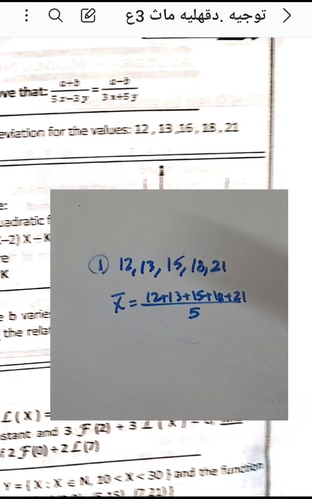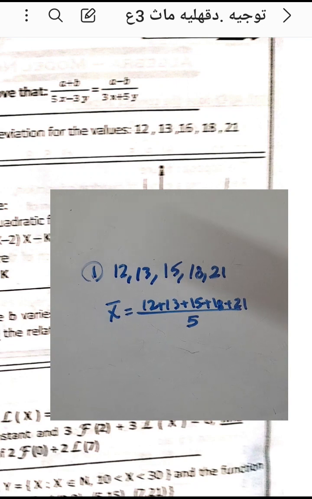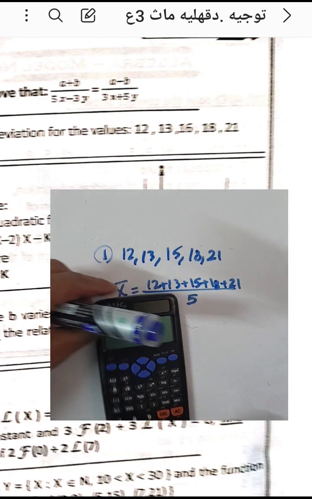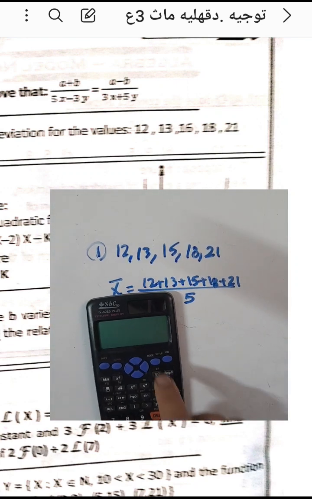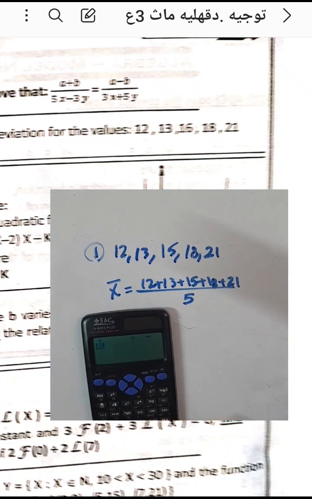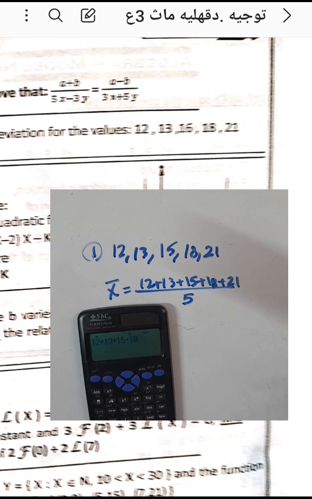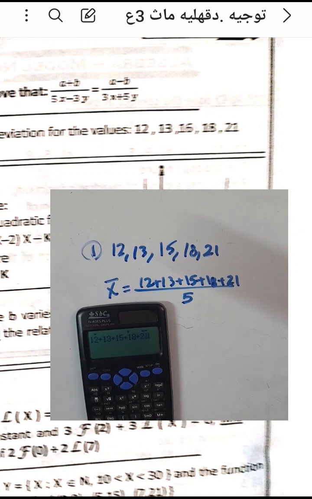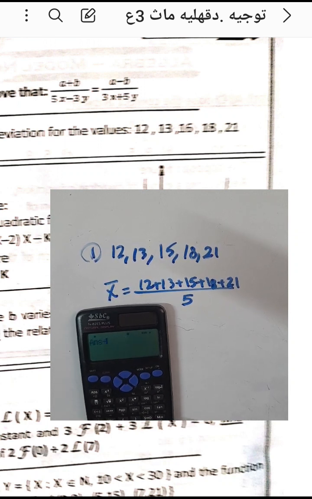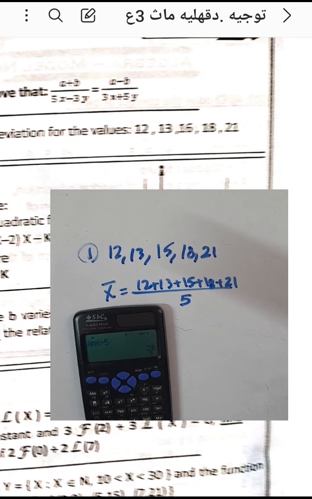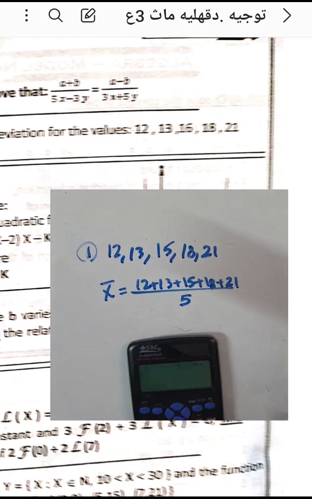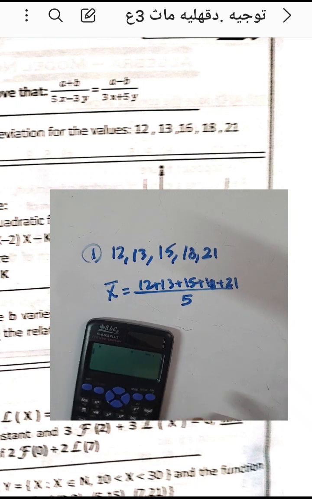Okay, we can write 12 plus 13 plus 15 plus 18 plus 21, and then divided by 5. Okay, the result will be 79.